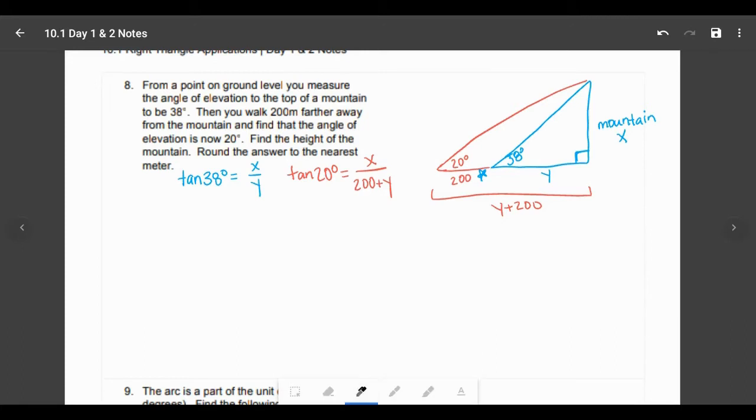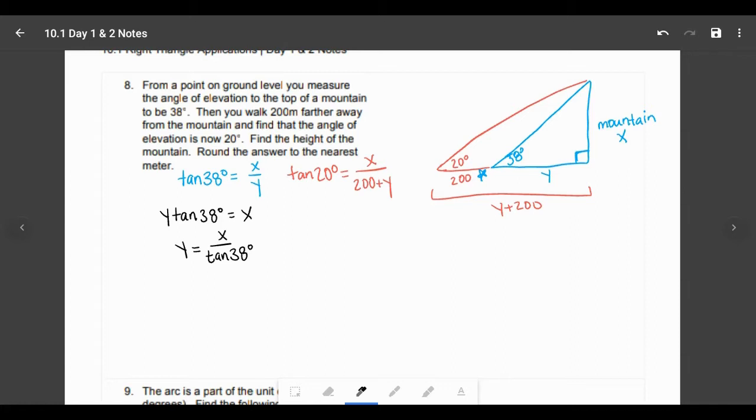What I'm going to end up doing then is this first equation that we wrote, I'm going to go ahead and solve for y. So I end up getting that y times tan of 38 degrees is equal to x. And so I know that y is equal to x over the tangent of 38.